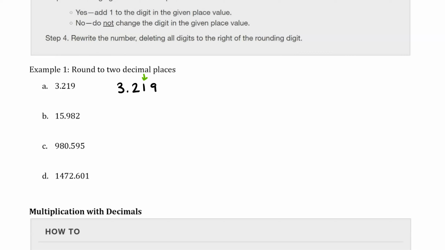What I need to do is look one place to the right, because this place has 5 or more, I'm going to bump up my 1. So my final answer would be 3.22. Let's try it again.